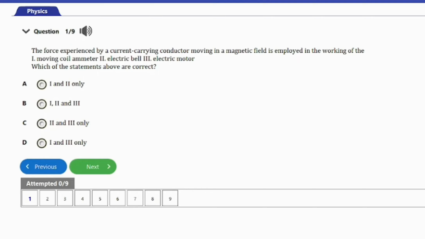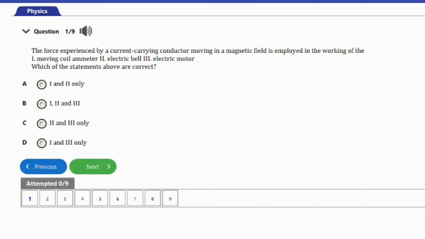Which of the statements above are correct? A. I and II only. B. I and III. C. I and III only. D. I and III only. So guys, the answer to this question is option D here.